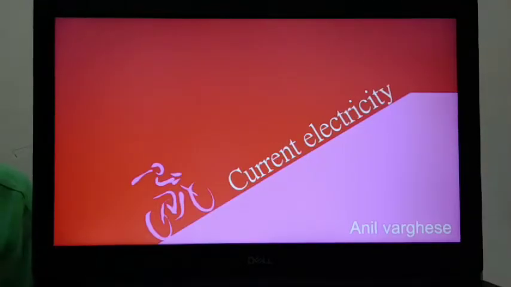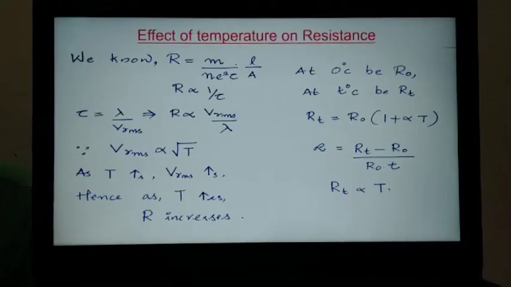Okay, so we can continue with our current electricity, and now we have to see how resistance or resistivity changes with temperature. So here we are defining the relation between resistance and temperature.